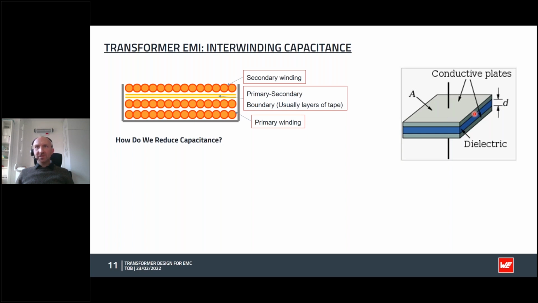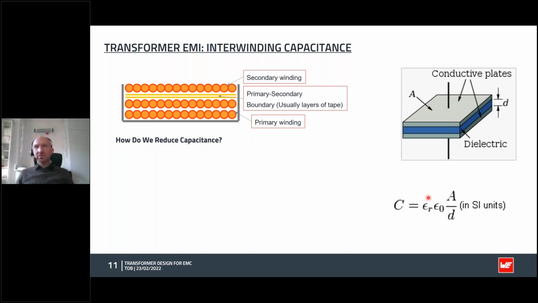And the formula for capacitance is C equals epsilon R times epsilon naught A divided by D. The epsilon R here is the relative permittivity of the dielectric material. The epsilon 0 is the dielectric constant of a vacuum, so that's always constant.